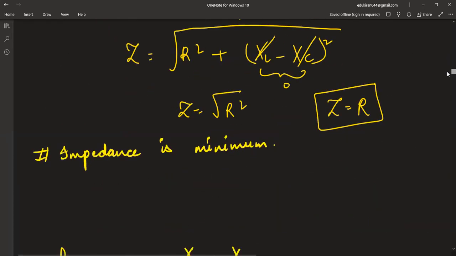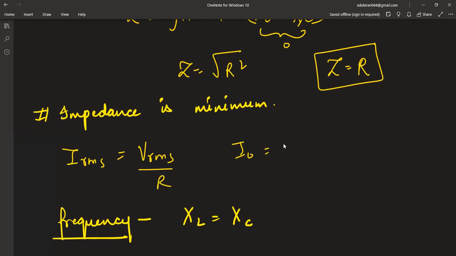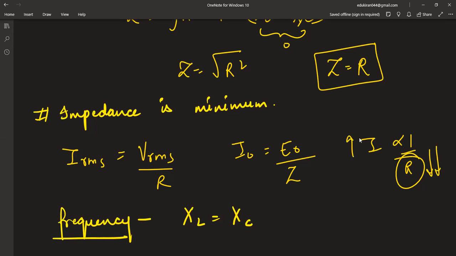As a result, current increases, because you take any current: IRMS is equal to VRMS by Z, or I naught is equal to E naught by Z. Current is inversely proportional to impedance. Here impedance is decreasing, so current is increasing. All right, so impedance is minimum, current is maximum.